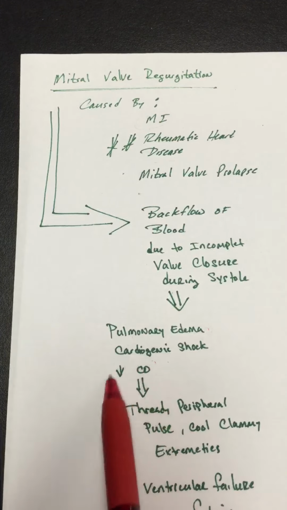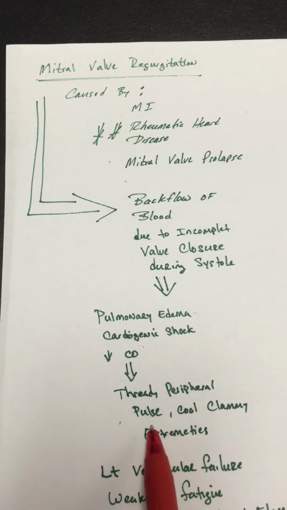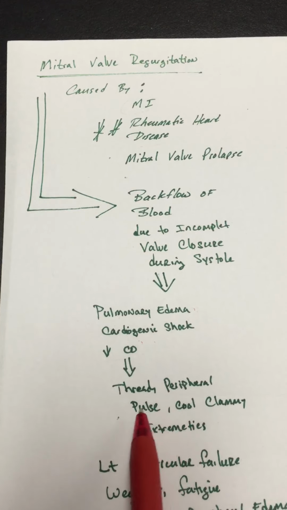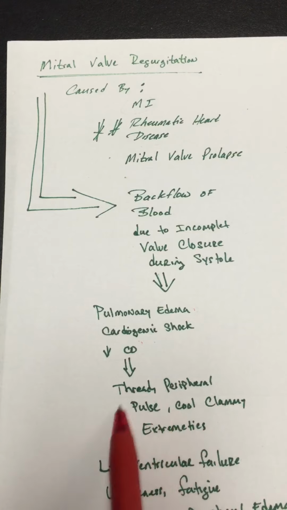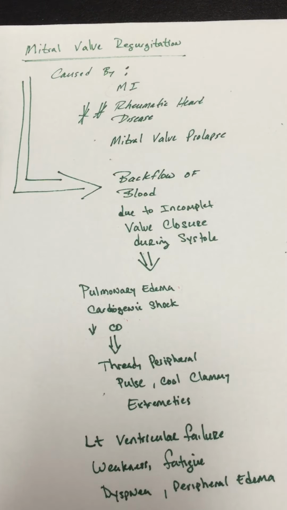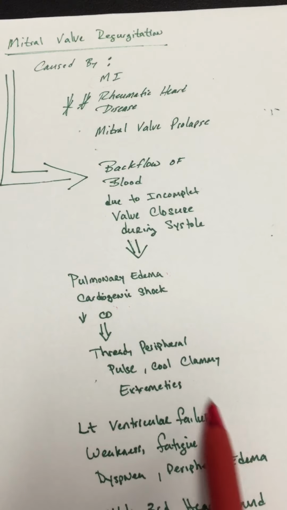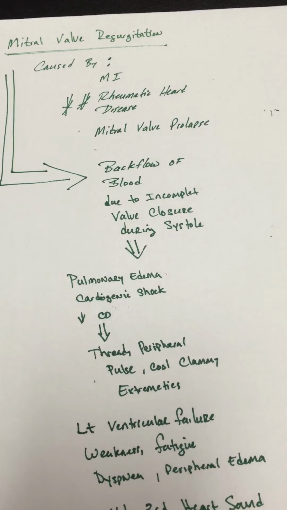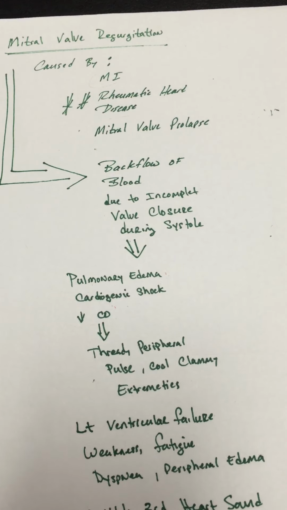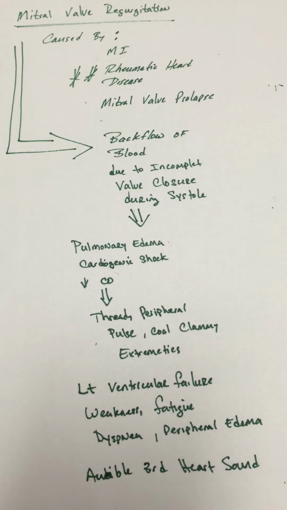As a result of this decreased cardiac output, if you were to check the pulse, you'd find that it is a thready pulse. Again, due to decreased cardiac output, you don't have enough blood supply to your extremities, to your skin. Therefore, you will have cool, clammy extremities. Maybe even a cyanotic color, cyanosis, a bluish discoloration, pale skin.